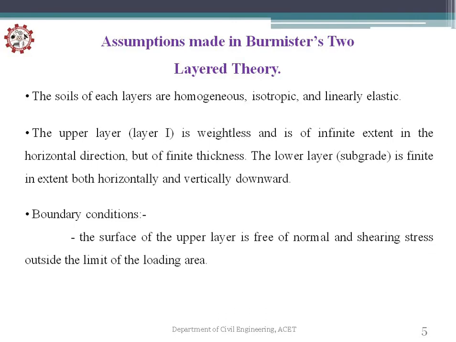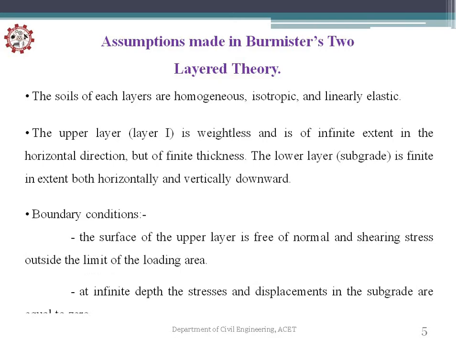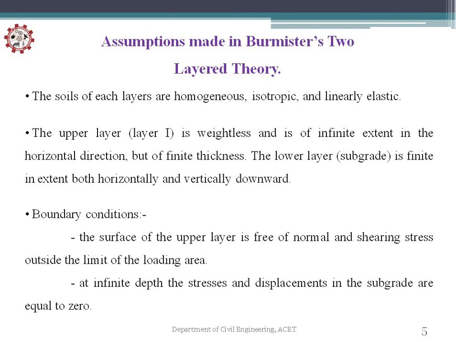Boundary conditions. First is the surface of the upper layer is free of normal and shearing stress outside the limit of the loading area, and at infinite depth the stresses and displacements in the subgrade are equal to 0.